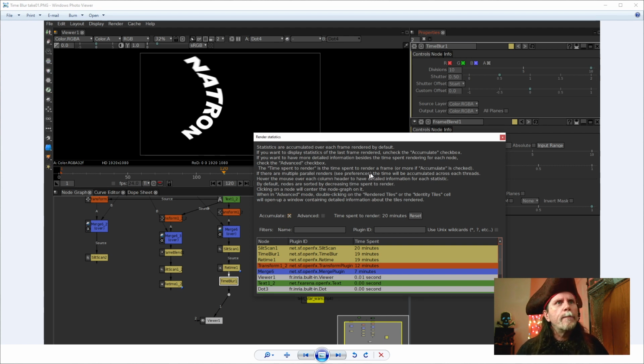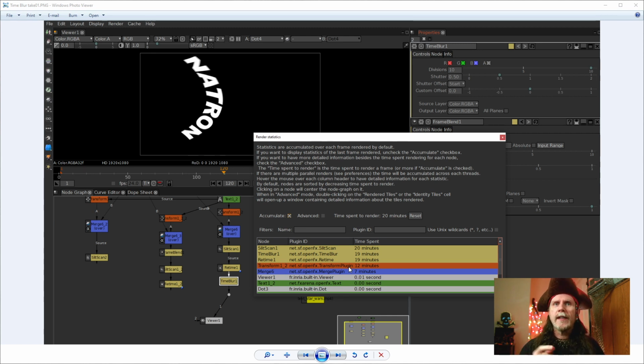Let's focus on this. Right now, this is a TimeBlur. As we can see, if we look at the time, this was looking at the render statistics. I had cleared the cache, and I had first left the viewer node disconnected, and then I connected it up with the cache cleared, and I had reset the render statistics and just let it go at this resolution. I had the view set to this size, and I let it render at a full 1080.